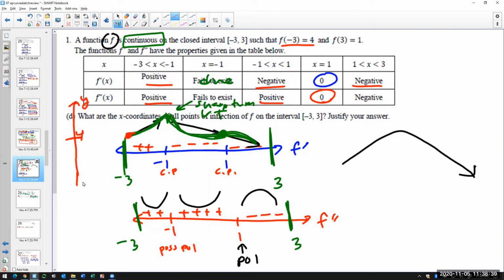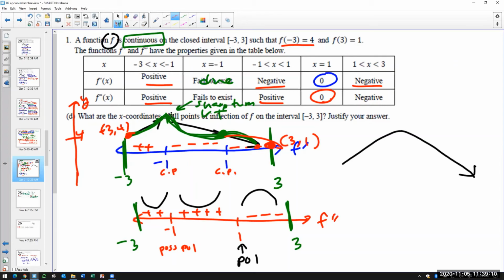And the X, I don't know where the 0 is yet, so let me hold off on the 0. F of 3 is equal to 1. So this point here is gonna go all the way to 3, so this point here is 3, 1. This point here is negative 3, 4. This point here is 3, 1.